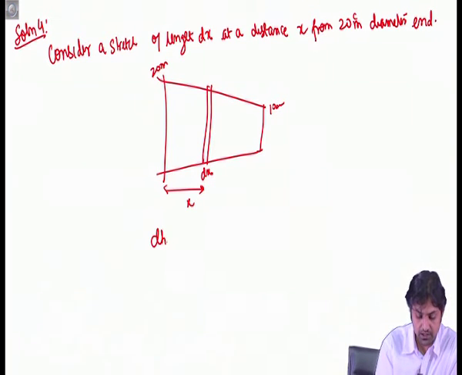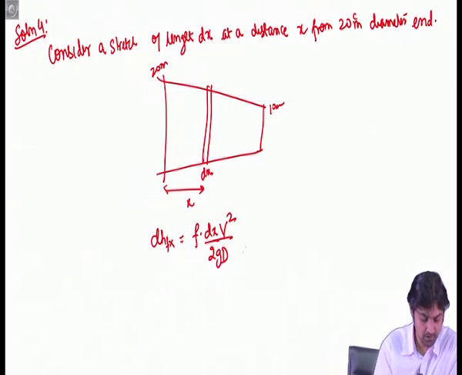So dhf at x will be f L, where L is here dx, by D, into V square by 2g.